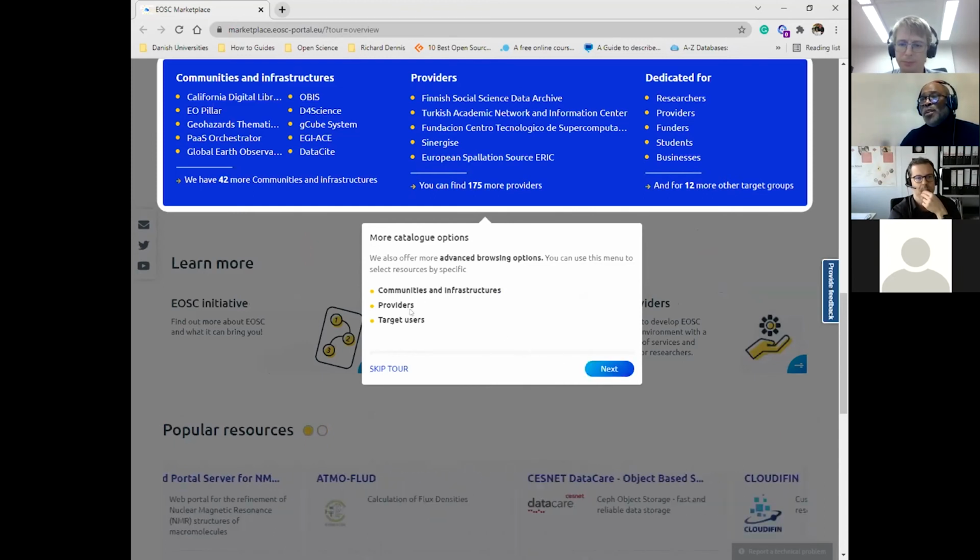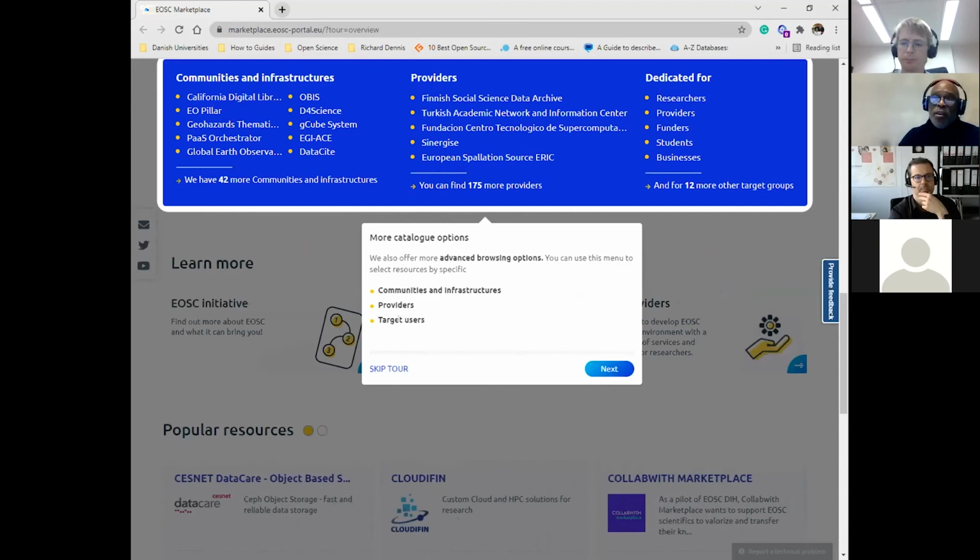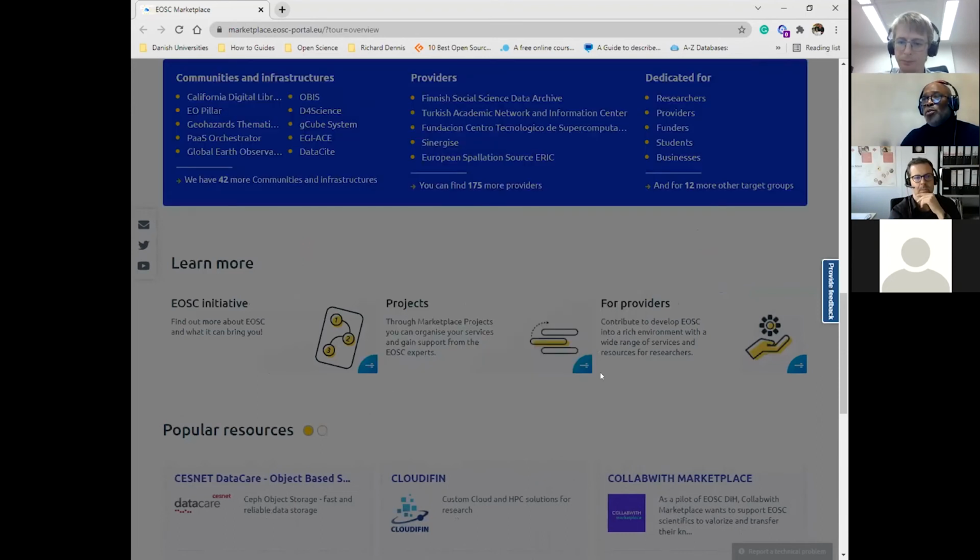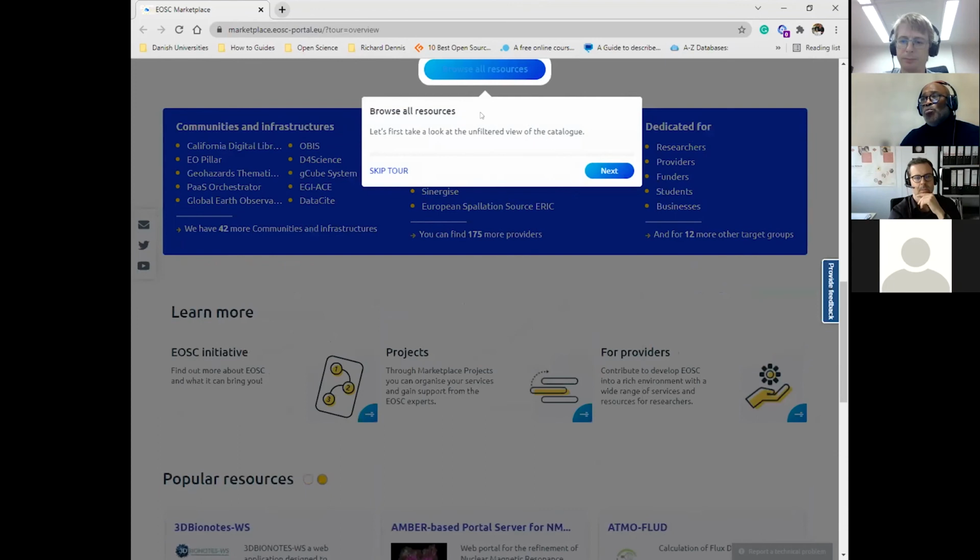The providers, its target users. You get to browse the various resources.